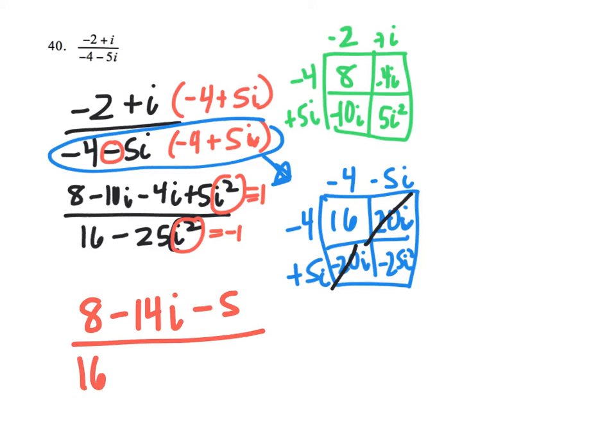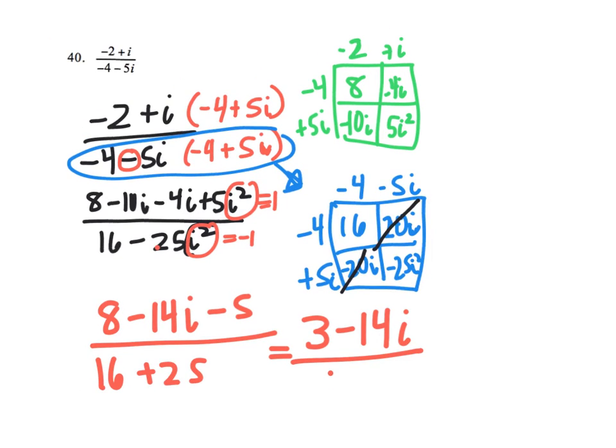On the bottom we have 16 minus 25 times -1, so it'll be plus 25. If I do 8 minus 5, we have 3 minus 14i, all divided by 16 plus 25, which is 41.